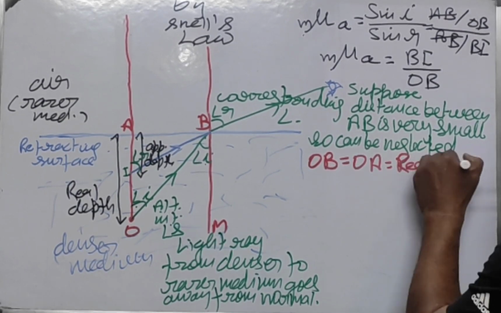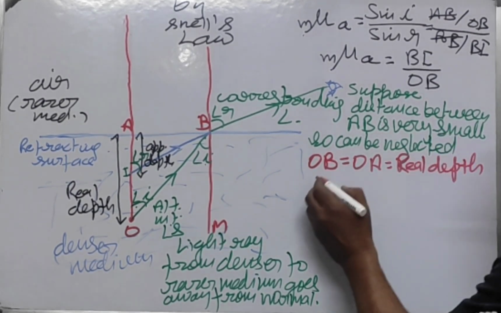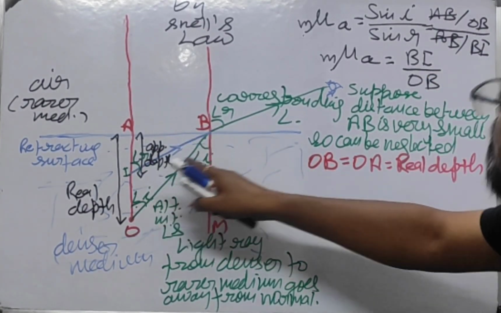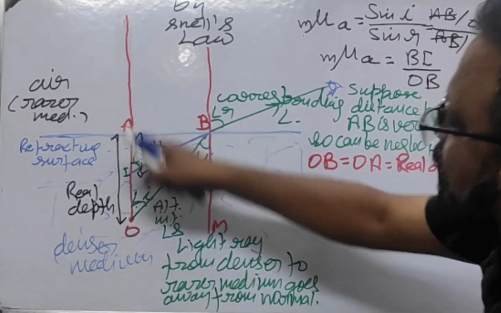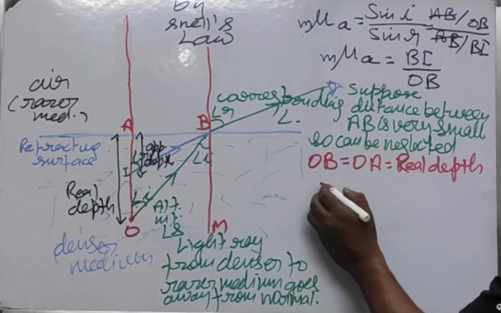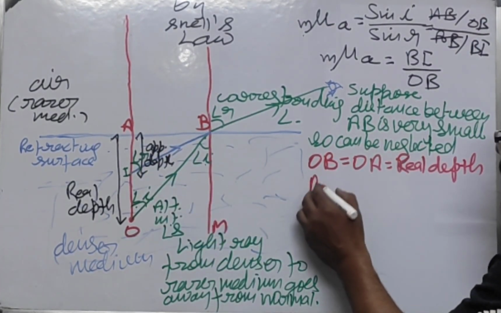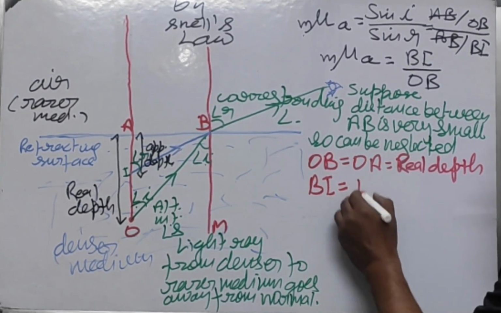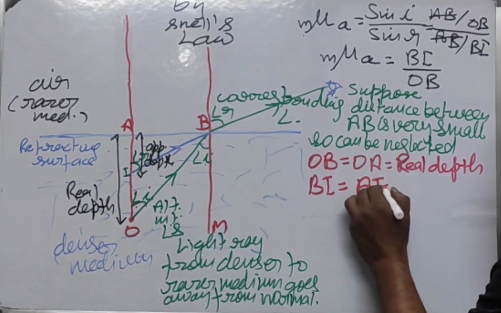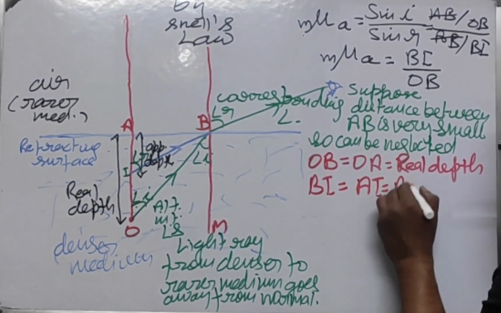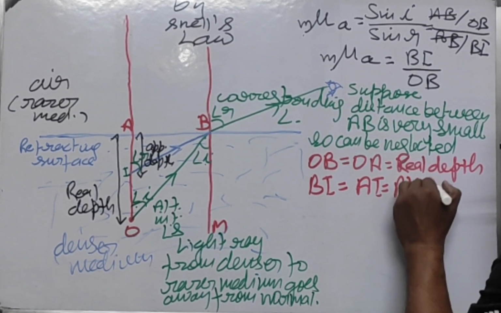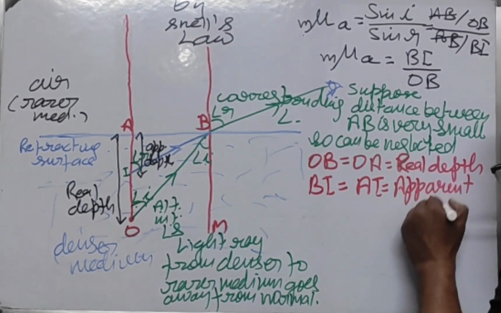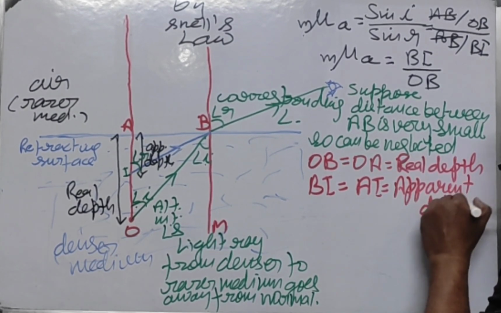And similarly, this BI is equal to AI, which is equal to apparent depth, right?